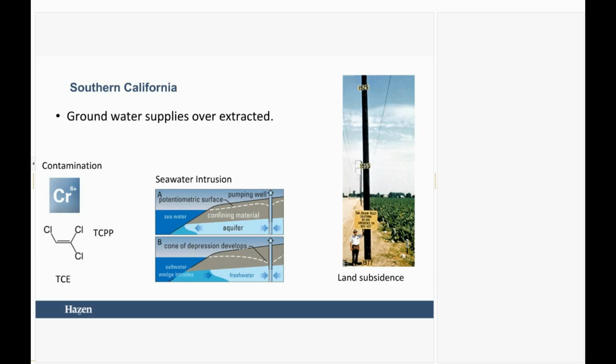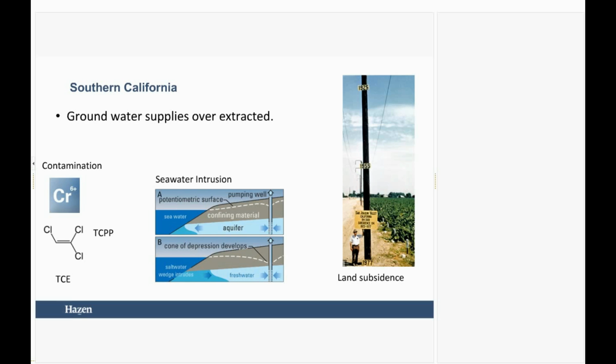As an example, in the Palm Springs area, which is about an hour and a half to the east of Los Angeles in the desert, chromium-6 is a naturally occurring problem in the water supplies there, as is things like arsenic and other heavy metals that are a concern. In the Los Angeles basin, the post-war years have seen a lot of industrial contaminants leach into the groundwater, and a lot of those water supplies now, with things like TCE, TCPP, are being treated in order to access that available water supply.